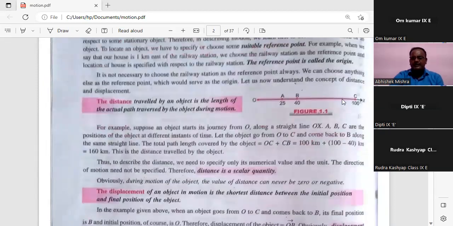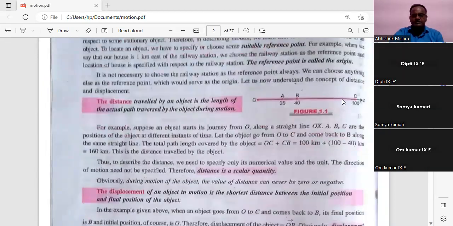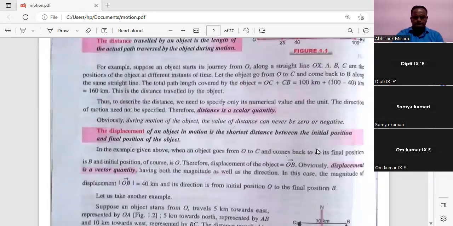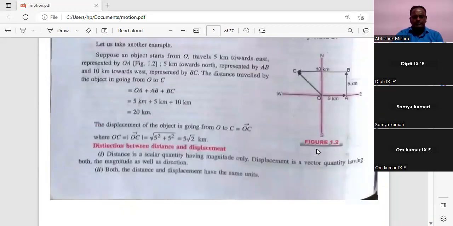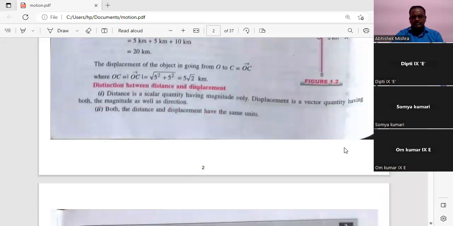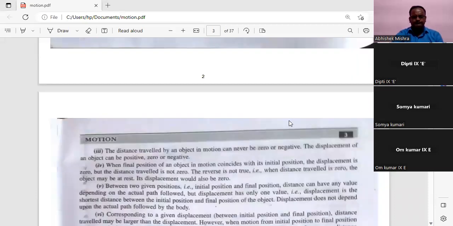Next, what is the distance traveled by a body? What is the distance traveled by a body? Just raise your hand.